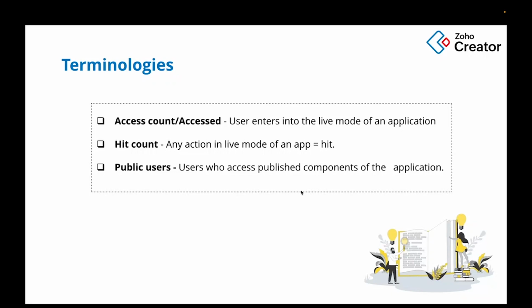For example, submitting a record, editing a record, or triggering a workflow all come under the hit count. Then we have the public users. Public users are users who access published components of the application. So these are all the terminologies that we need to understand.